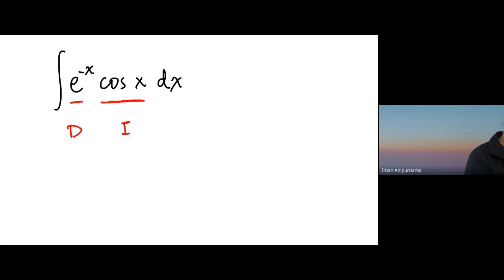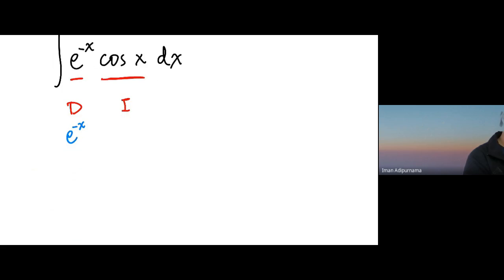You can do, for example, first you choose e to the power of negative x as D, and in I you can choose cosine x. And adding plus there. We differentiate this, we get this. We integrate cosine becomes sine.